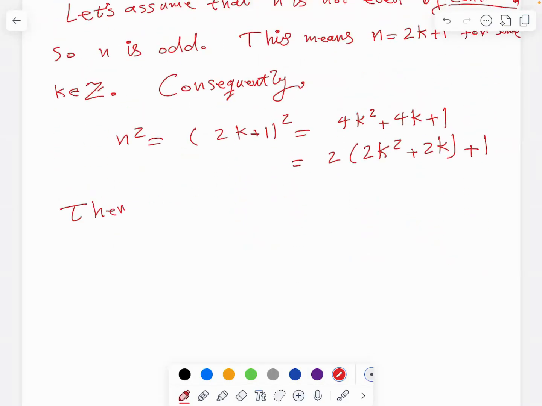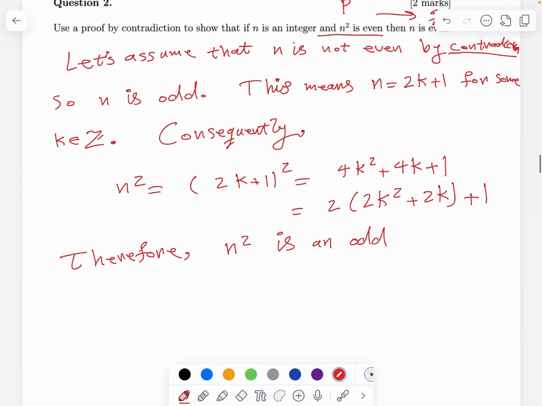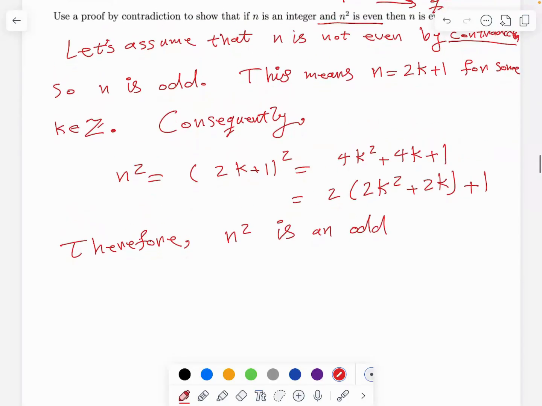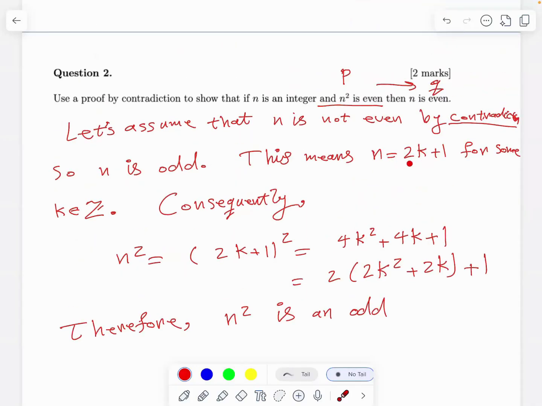Therefore, n squared is odd, for some k belongs to Z.